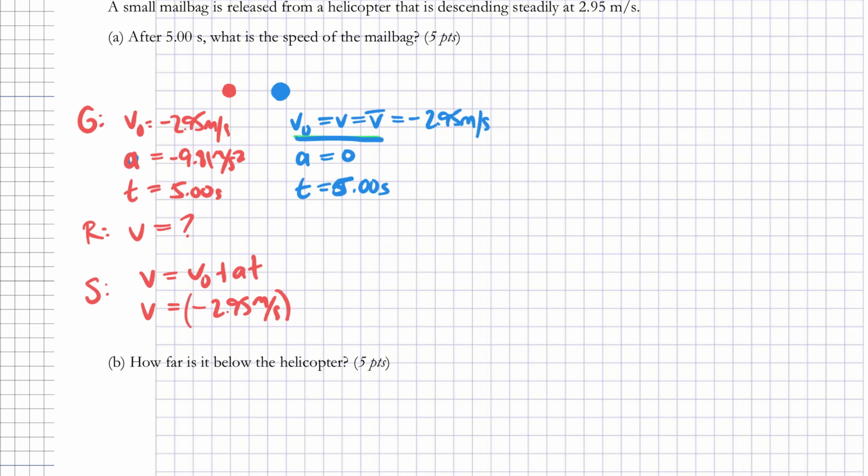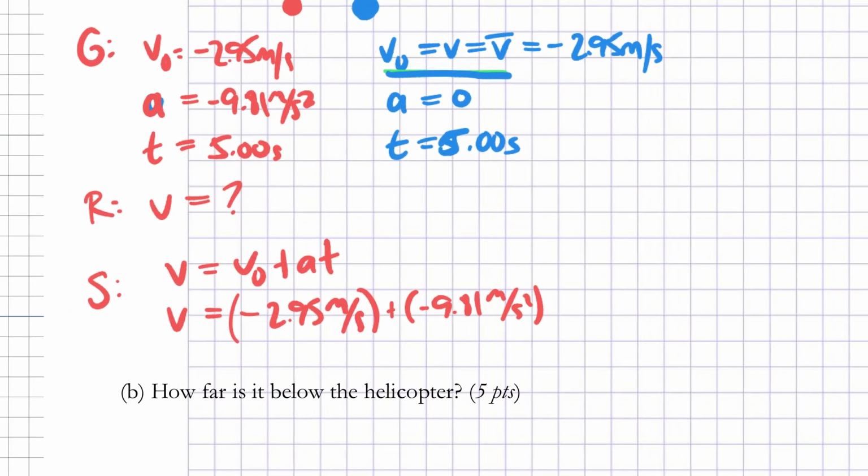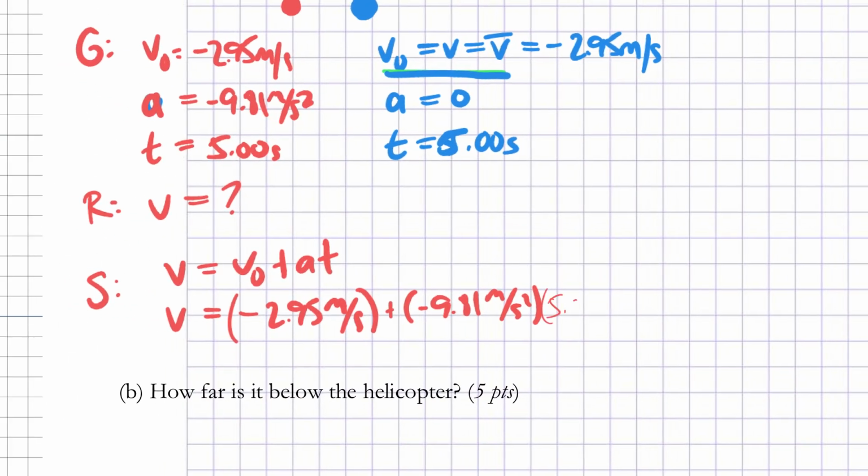It might be 0. It's usually 0, but in this case, it is not. Plus the acceleration, negative 9.81 meters per second squared. Let's zoom in so it's a little bit more visible. And the time is 5.00 seconds. We're going to want 3 sig figs, so I'm going to go ahead and solve it, and then we're going to keep 5 just in case we need it for the next one.